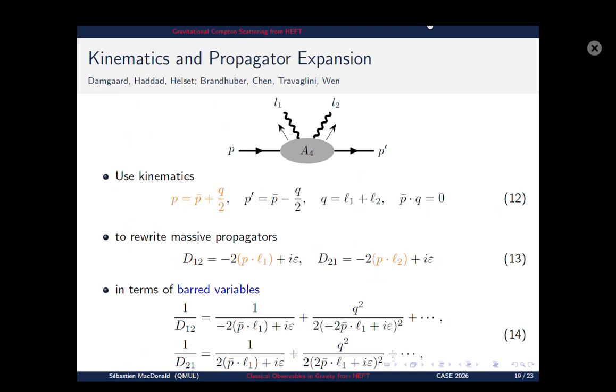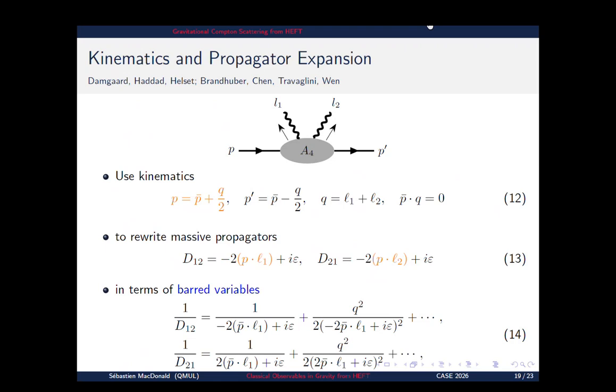We're going to use barred kinematics. So p bar is essentially the average momentum of our massive scalar particle, and q is the total momentum of the two gravitons. Incidentally, p bar dot q is 0. This will help you greatly down the line once you use this amplitude to calculate some classical observable. You get a lot of terms which depend on p bar dot q.